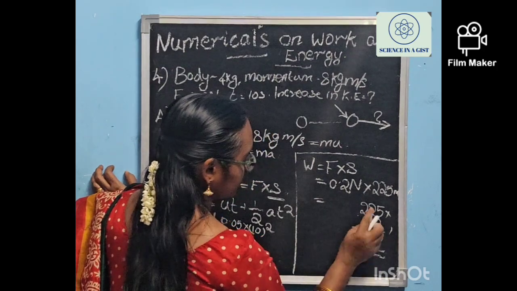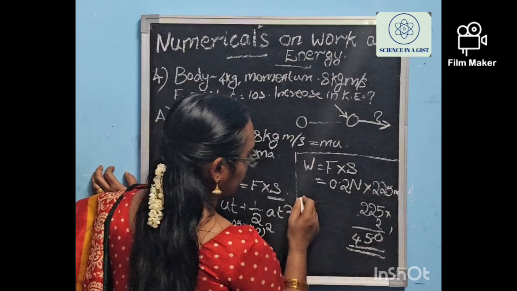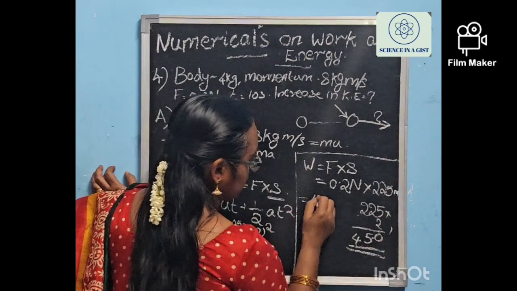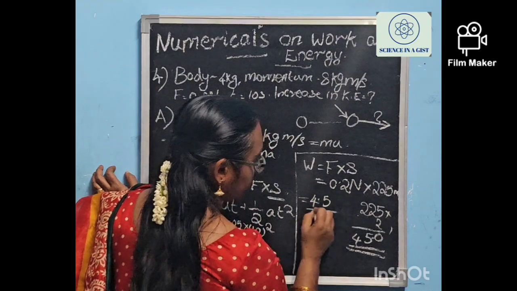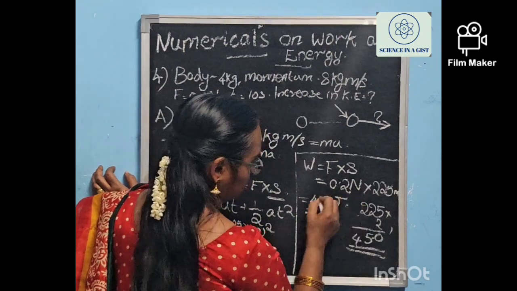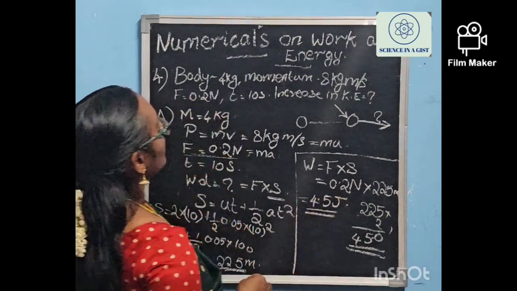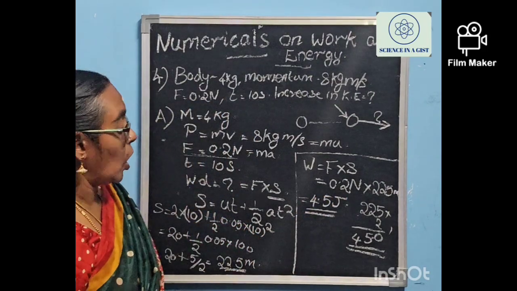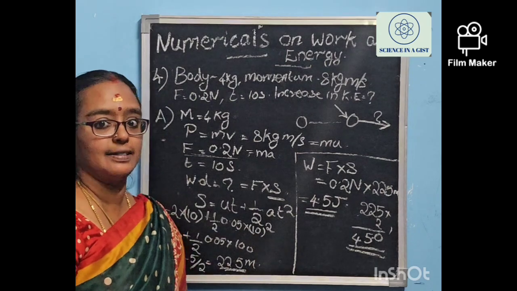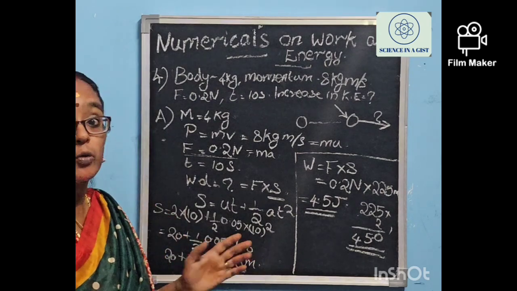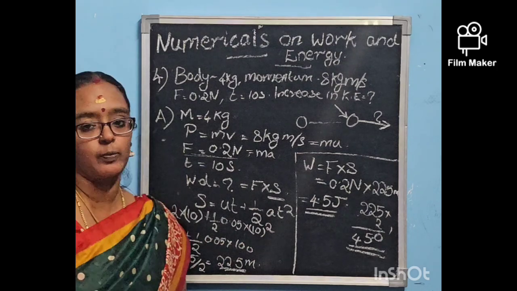When we add the decimal place, we will get the answer as 4.5 joule. This is the work done, or this is the increase in kinetic energy. How to find out? You understood? Okay, we can go for the fifth problem.